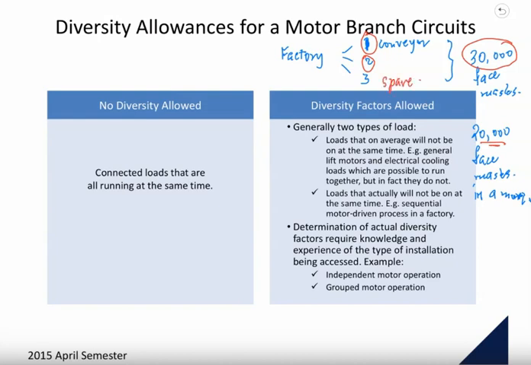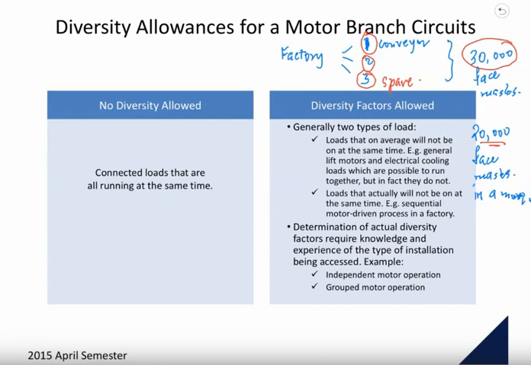And that is when diversity will comes in. Okay? While we have 3 of them, we do not run all 3 of the motors at the same time.